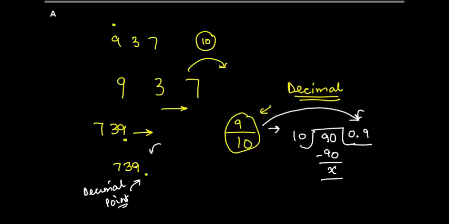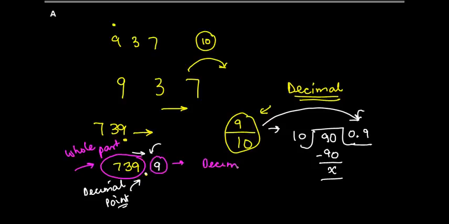So if the 9 were to move one place to the right, I will write this as 739.9. The part on the left side is known as the whole number part, and the one to the right is known as the decimal part.